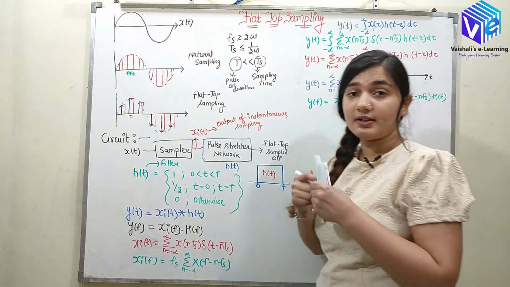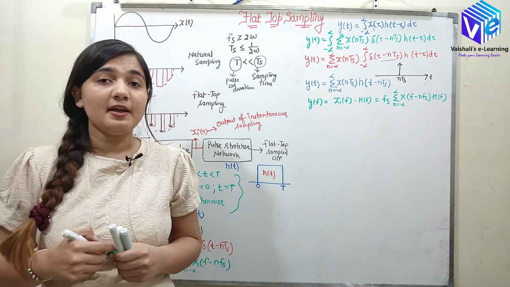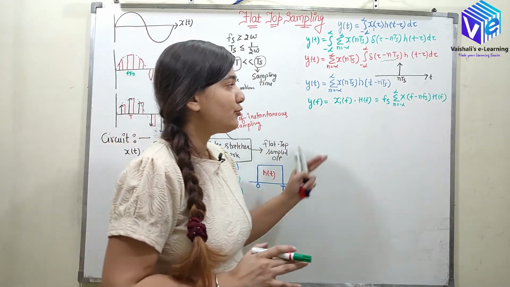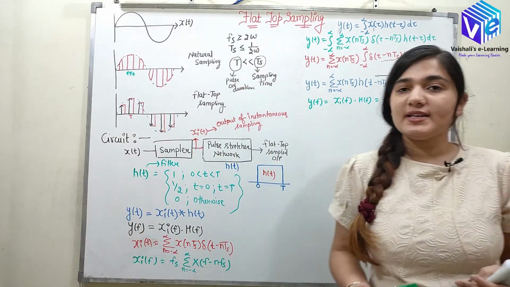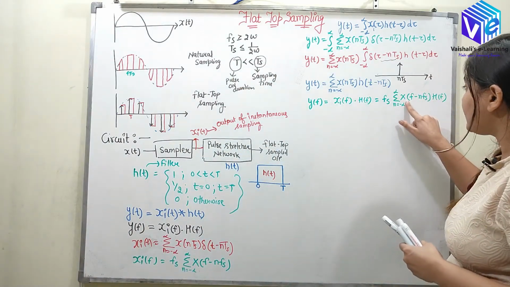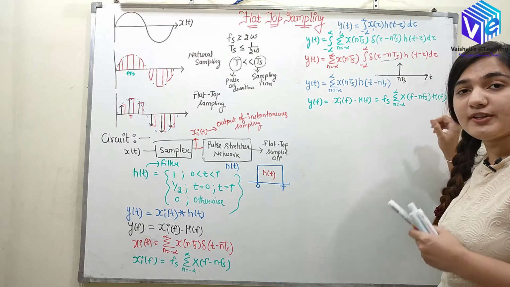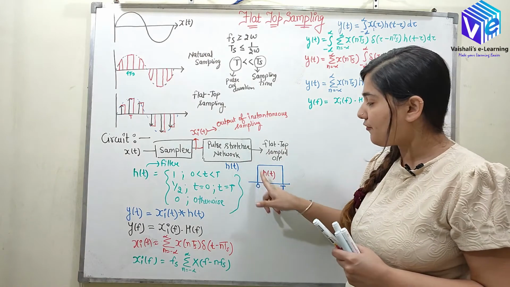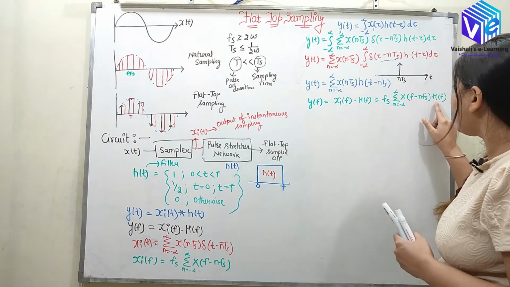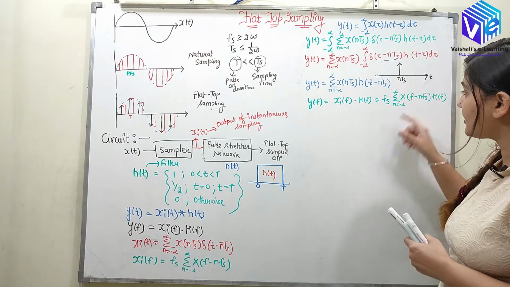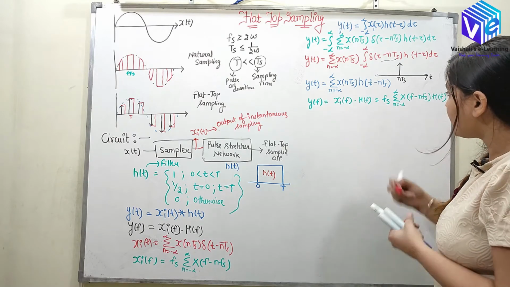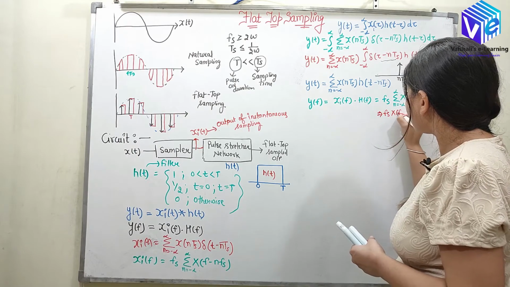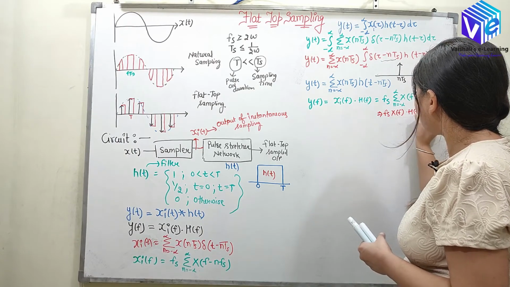So this is the term which is representing my y of f. So now I hope you can imagine, in the frequency domain my signal is multiplied with the Fourier transform of this filter h of t. So now I'll get the reconstruction. If I reconstruct this signal, I'll be getting fs x of f into h of f.